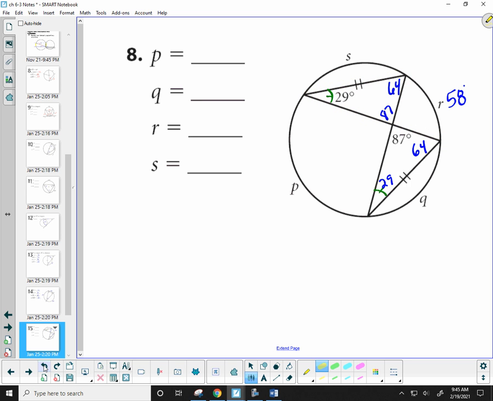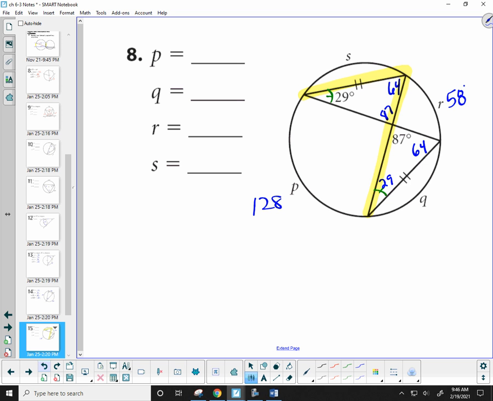Okay, so I notice here I have this inscribed angle opens up to P. So I know that has to be 128. Now I have two congruent chords here, which means these two arcs, S and Q, are going to have to be congruent.